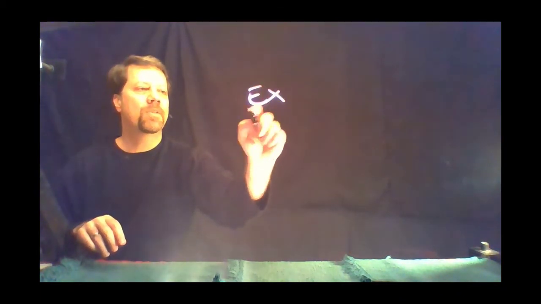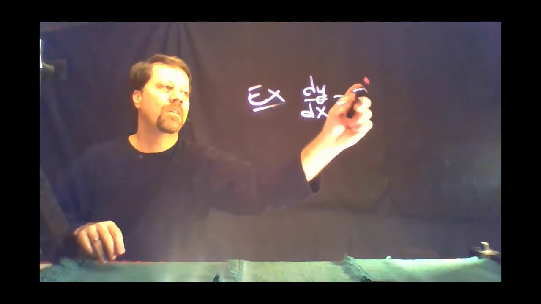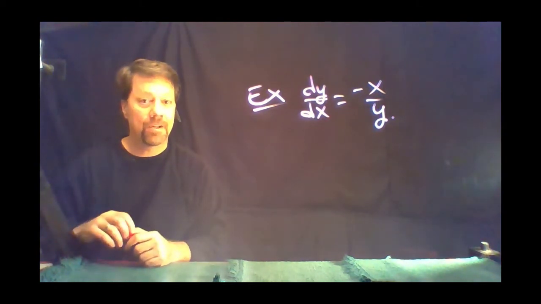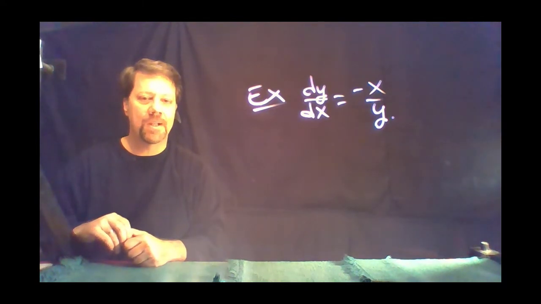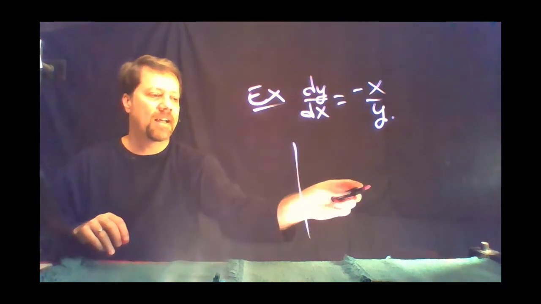As a quick example, suppose I have the differential equation dy dx equals minus x over y. You might remember that earlier in this lecture we actually solved this differential equation and found that the solutions are circles. Let's try this out.